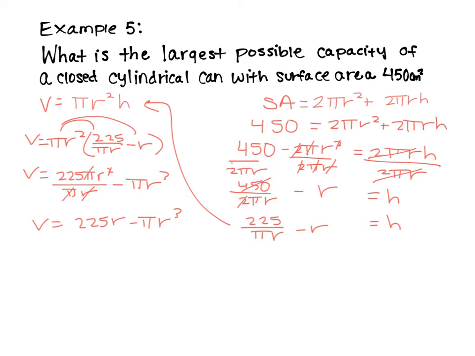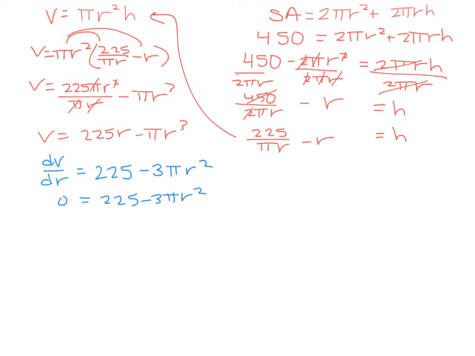So to find a stationary point, we're going to take that derivative and set it equal to 0. So the derivative is going to be 225 minus 3 pi r squared. And we're going to set that derivative equal to 0. And that's what's going to help us find our local maximum.